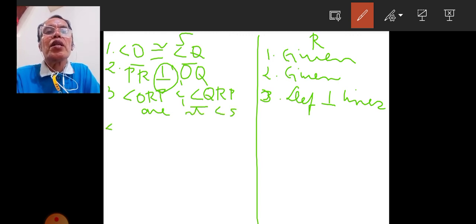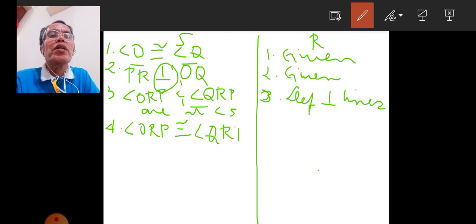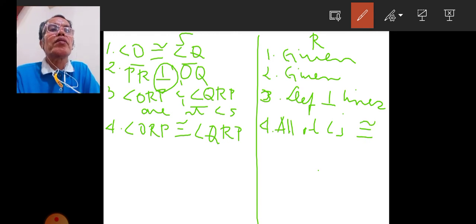So you can now state that angle ORP is congruent to angle QRP. Why? Because all right angles are congruent.